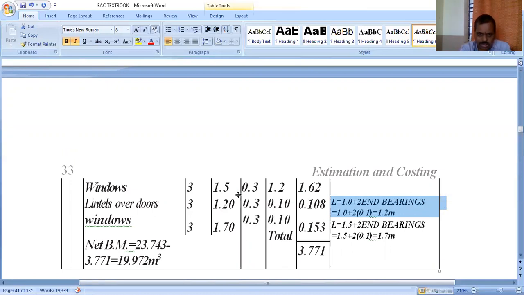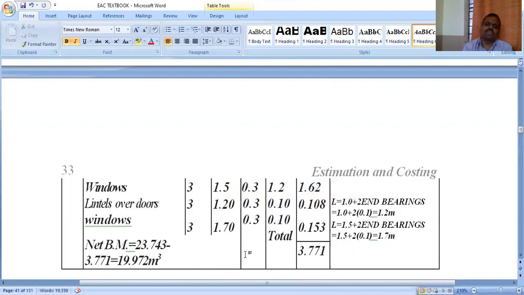I have written the same calculated length as 1.2 meter. After this, you have to multiply with the width of the brickwork, that is 0.3 meter. Width of brickwork is equal to width of the lintel. Thirdly, the thickness of the lintel is 0.1 meter. Just multiply it and you get the answer as 0.108 cubic meter.